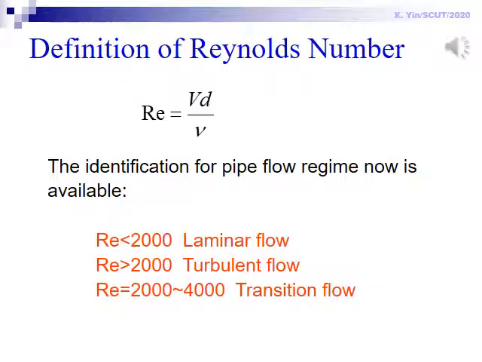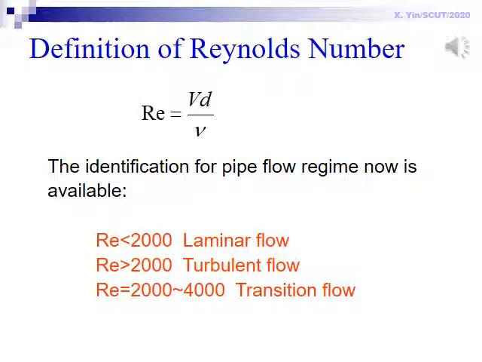So, a criterion number named the Reynolds number Re is defined by the expression on the page, where V is the sectional mean velocity in the tube, nu is the kinematic viscosity of the fluid, and d is the diameter of the tube.